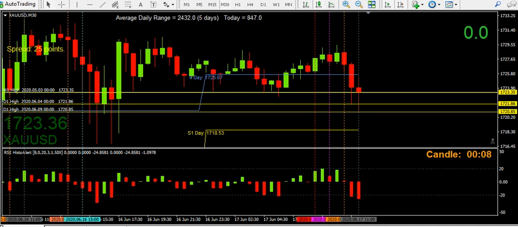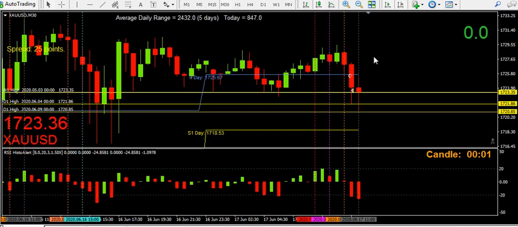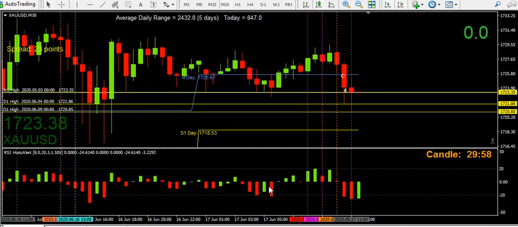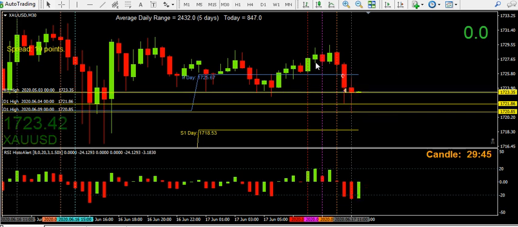Sorry for the long-winded video, but some may find it useful, interesting. So it was just a question of watching this, and if we go on to the 15, the 30-minute was reversing down. It had reversed down actually here. Low, high, high, low, high, high, and then we'd close down below that there.